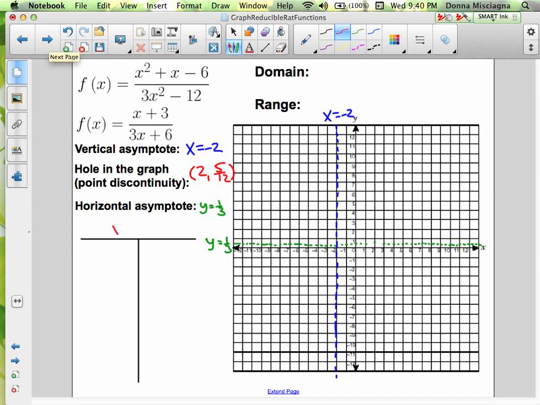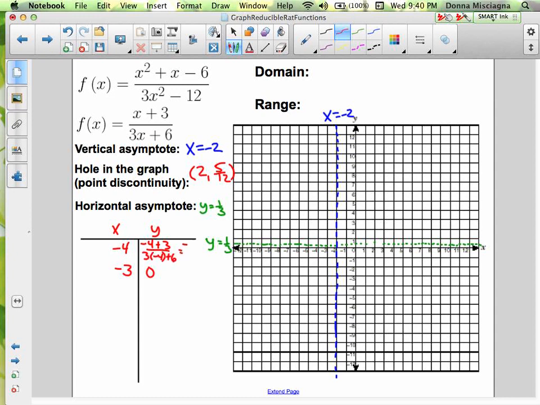All right, and let's see if we remember our points. So we had an x-intercept at negative 3. Right, and we'll also use negative 4, so let's just write negative 4 down here. Negative 3 was the x-intercept, so that was 0. Let's just go ahead and plug in the negative 4. We plug it into the reduced one, so that would be (negative 4 plus 3) divided by (3 times negative 4 plus 6).